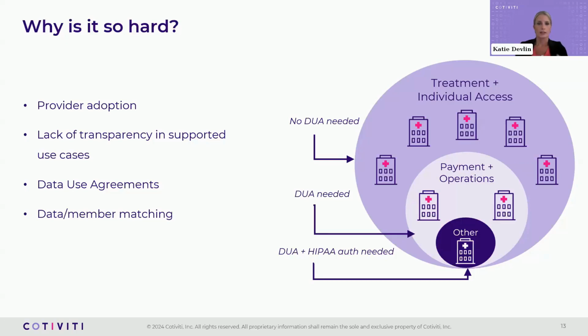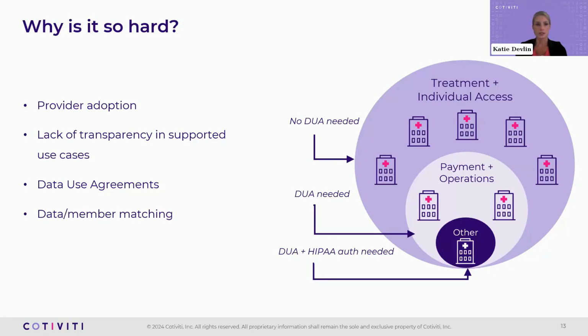But now when we bring it down and we're focused on healthcare payment and operations, which is where the payers fall in, we do need to get these data use agreements in place, especially when you're using a partner or a business associate. And it can be challenging because we see providers that just say, well, I'm going to go use my copy services. I don't have the time to maybe build a connection with you.